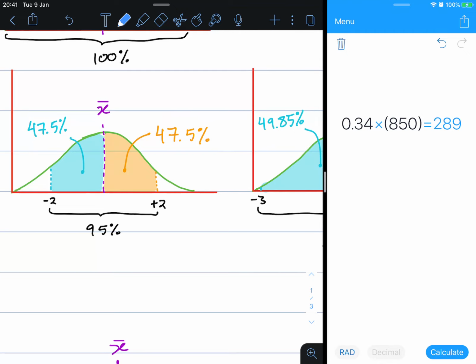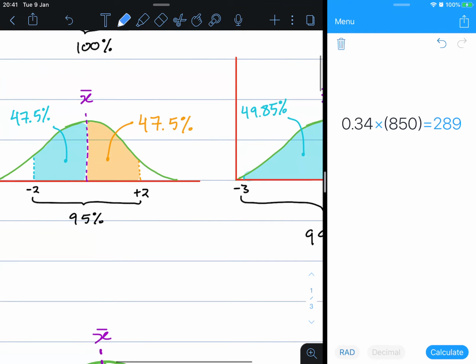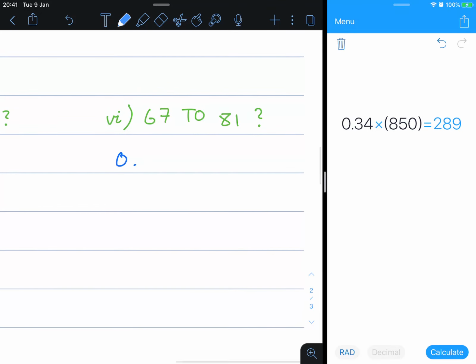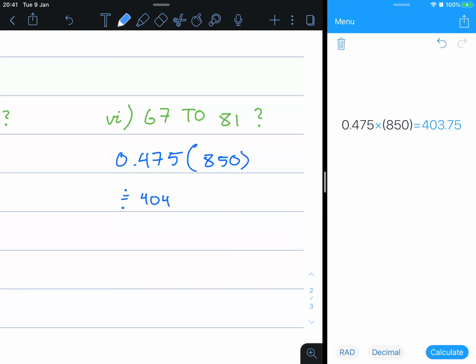That is 47.5%. So let's write that in. It's going to be 47.5% of the total, which, if we calculate 0.475 times 850, is 403.75, which will round up to 404.